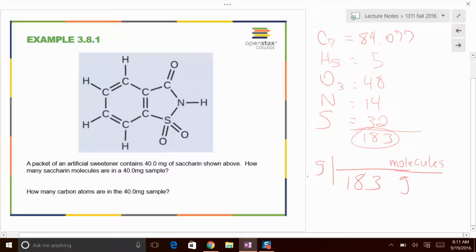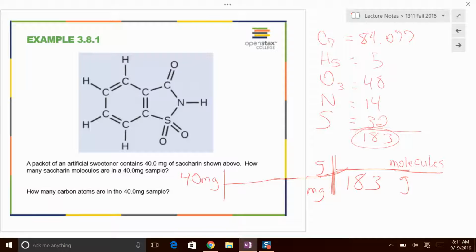So I need to convert my milligrams to grams, so 40 milligrams, and we're going to go to grams from the milligrams. After I do that, then I can convert the grams to the molecules.